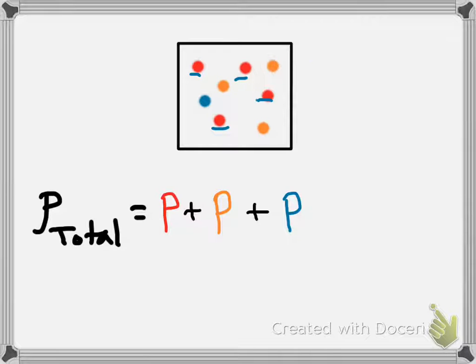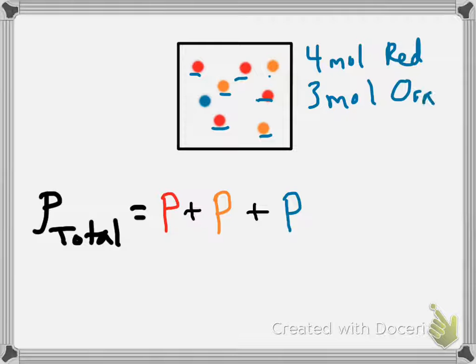So in this case, we have 4 moles of red, 3 moles of orange, and 1 mole of blue. And these are each different gases. They're all in the same container. So the volume for the red, orange, and blue is all the same, right?